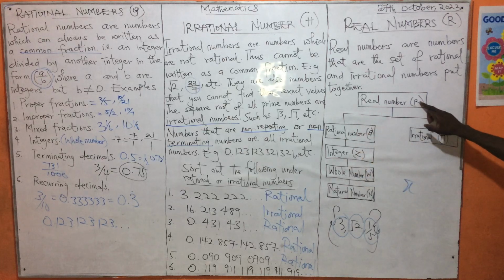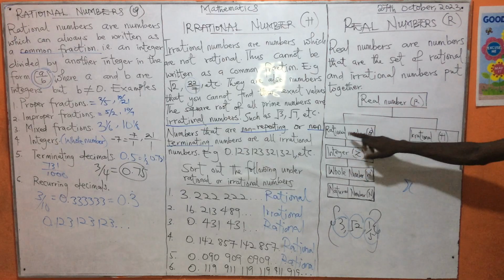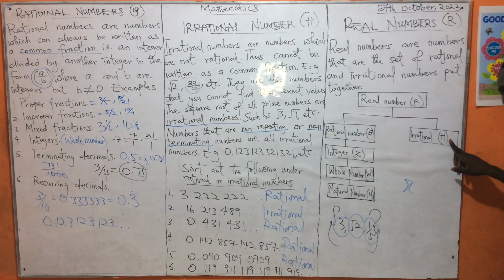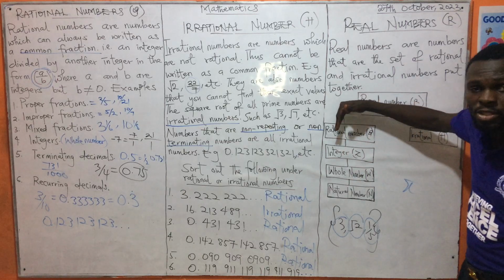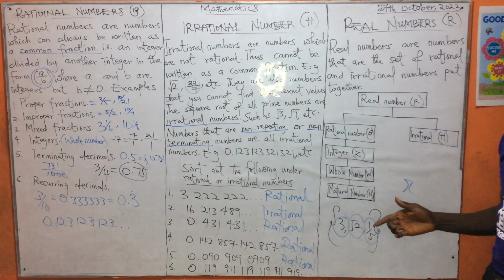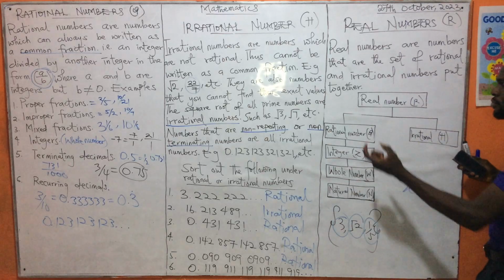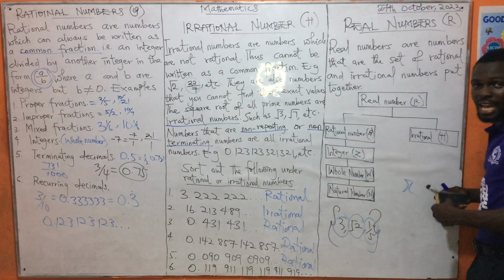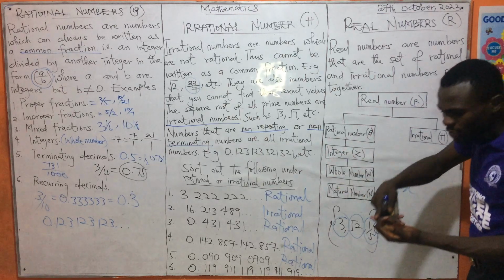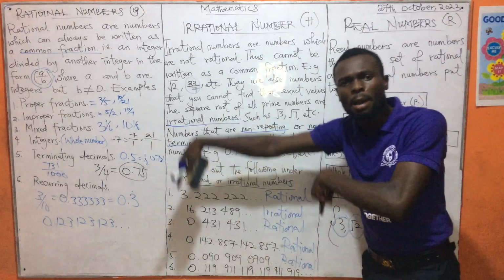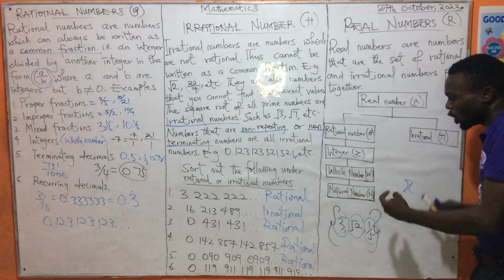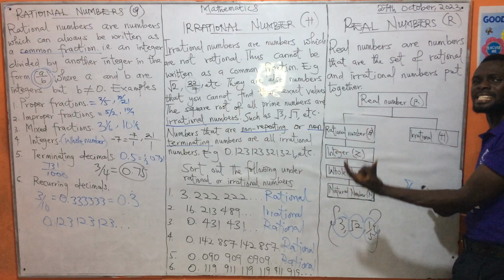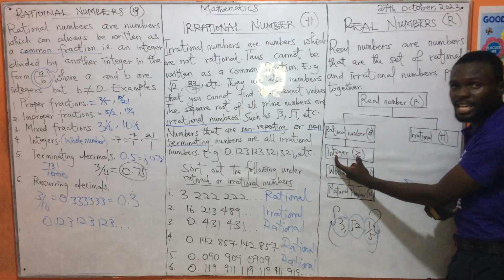Real numbers are denoted by R, rational numbers by Q, irrational numbers by H. But under rational numbers, we have other numbers. In rational numbers, we can get integers. What are integers? We get positive and negative whole numbers in the integers. So whole numbers happen to be a subset of integers.